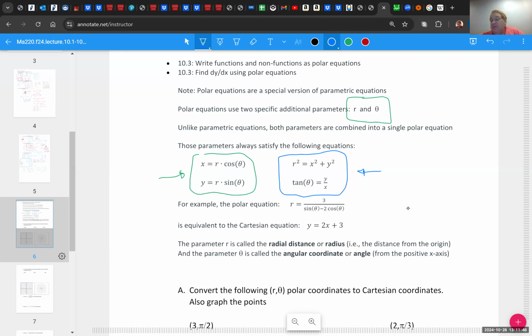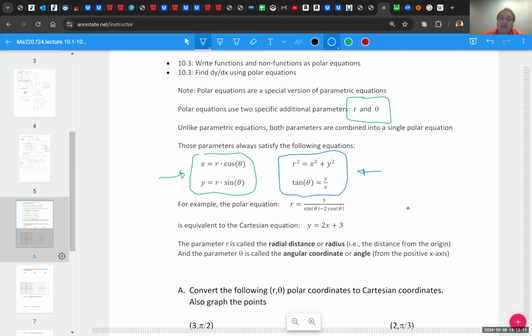On the top one, you'd have to take the square root to find r. On the bottom one, you'd have to take the inverse tangent to find theta. So they're basically ways of relating the two different types of equations, the Cartesian equations with x and y, and these polar equations with r and theta.